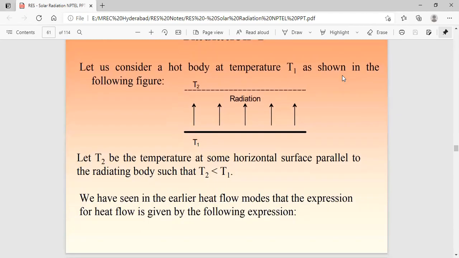Let us consider a hot body at temperature T1 as shown in the figure. Let T2 be the temperature at some horizontal surface parallel to the radiating body such that T2 is less than T1. We have seen in the earlier heat flow modes that the expression for heat flow is given by the following expression.